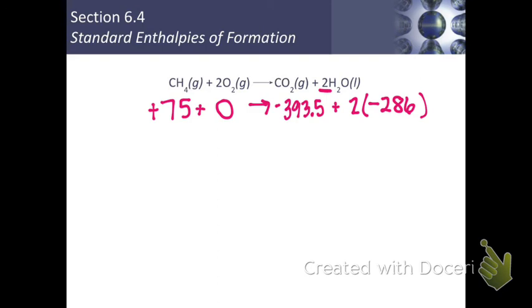Okay, so let's see here. Negative 890.5. Is that what you guys had? Yeah? Okay, good. And then you'll see the unit for it is kilojoules per mole.